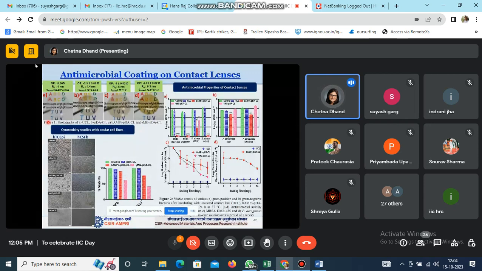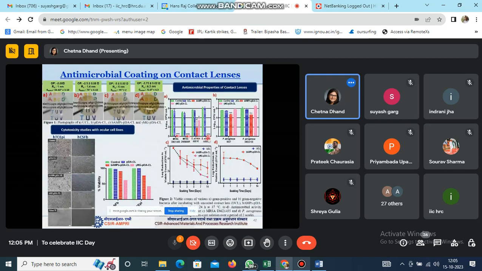And you can see here, the first one is an uncoated lens, and the other three are polydopamine coated lenses with antimicrobial polymers. And we checked the antimicrobial properties. You can see here, uncoated lenses are not effective, but you see the bacterial burden in the graph. If we have the antimicrobial coated lenses, the bacteria are completely 100% killed.